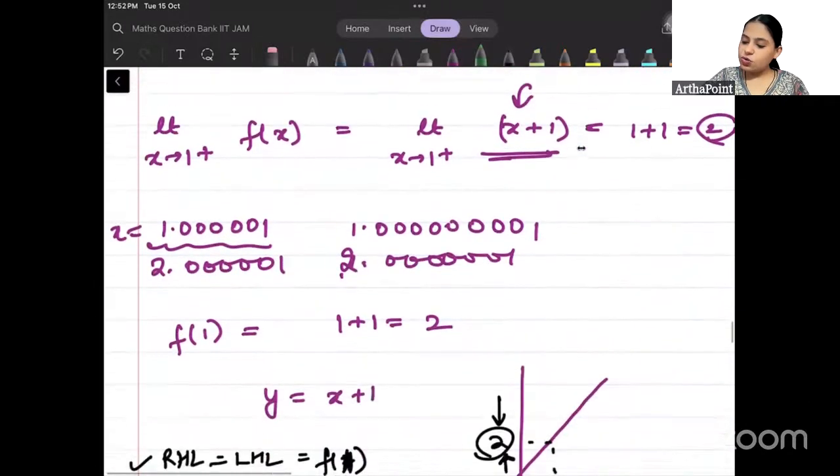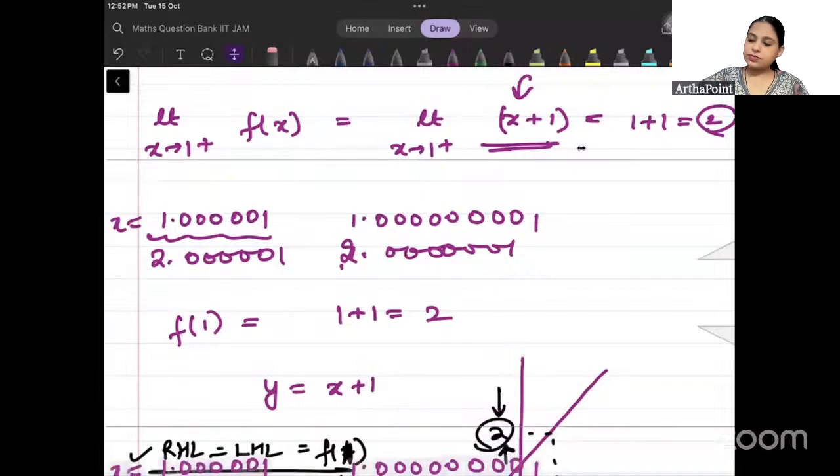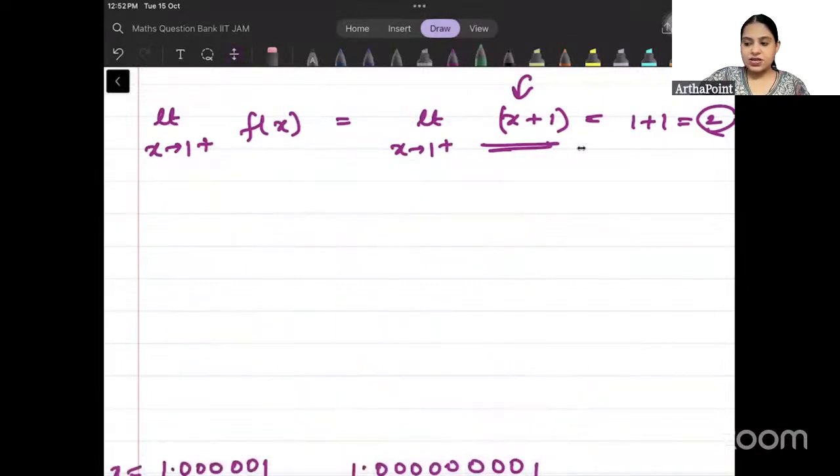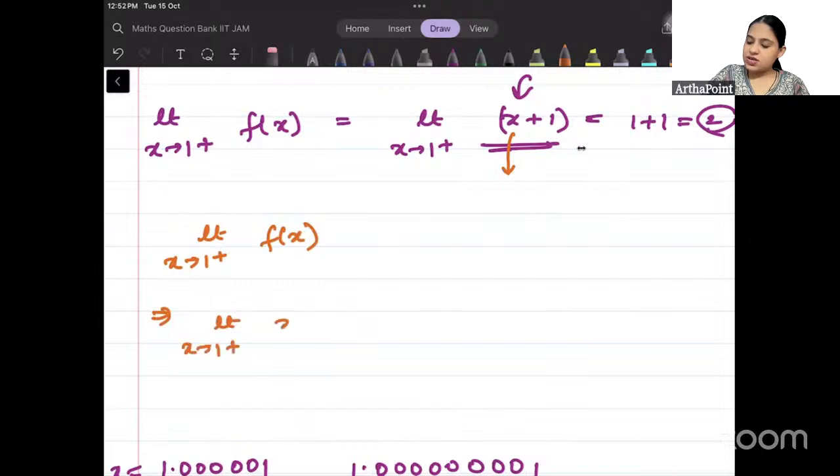Similarly, when we need to do 1 plus, it means I need to take a value very close to 1, but more than 1. So limit x tends to 1 plus f(x) is limit x tends to 1 plus x plus 1. So this x is replaced with 1 plus h, very, very close to 1, but more than 1.